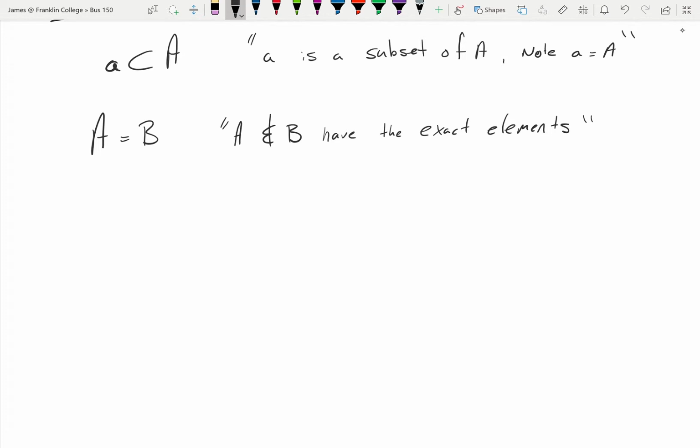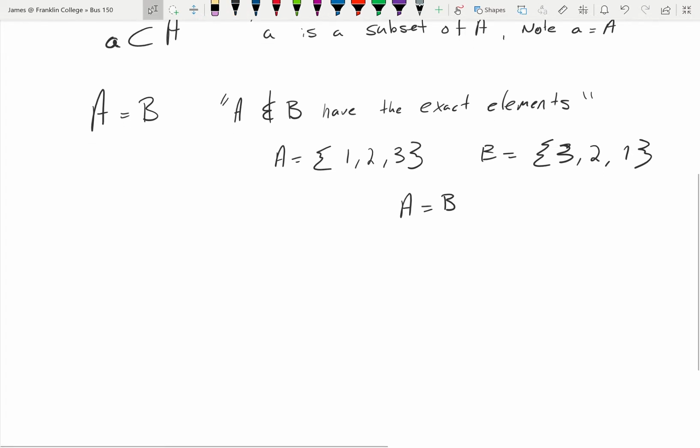So for example, if A is the set 1, 2, 3, and set B is the set 3, 2, 1, then we could say that set A is equal to set B because they have the exact same elements. It doesn't matter if the ordering is a little funny or stated differently, as long as each element of A is also in B.